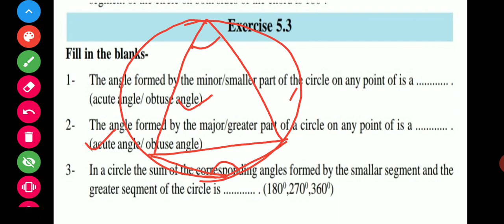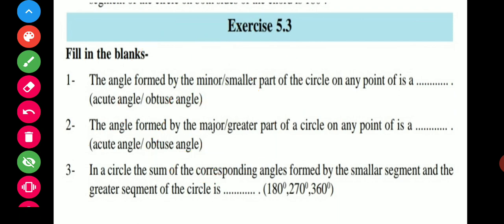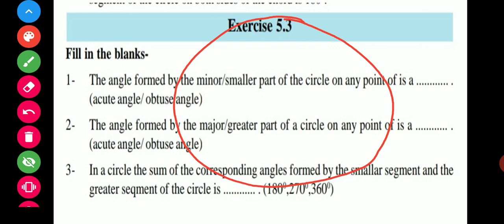Now in the circle, the sum of corresponding angles formed by the smaller end segment and the greater segment of the circle. So first of all, you can draw like this. There is a minor segment and it is your major segment. So you can draw any angle of this, and you can draw this.